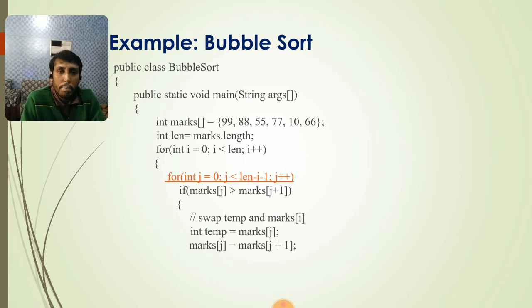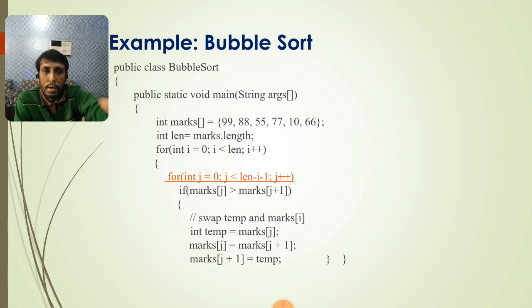That's why marks j is empty now. So marks j should have some data. Whatever data is at position one should come to the initial position, I mean the 0 position. So this way we have swapped. Now finally whatever data went to temp should be shifted to j plus 1.